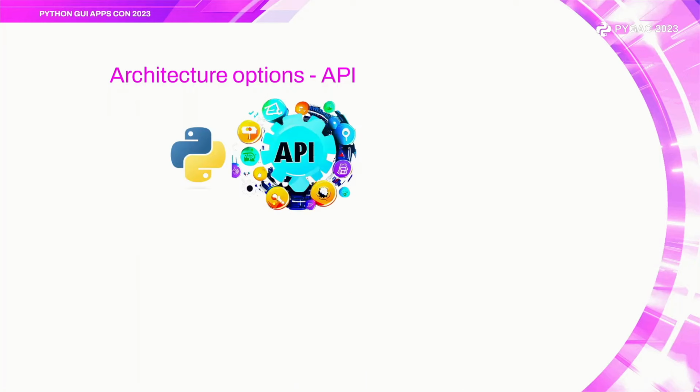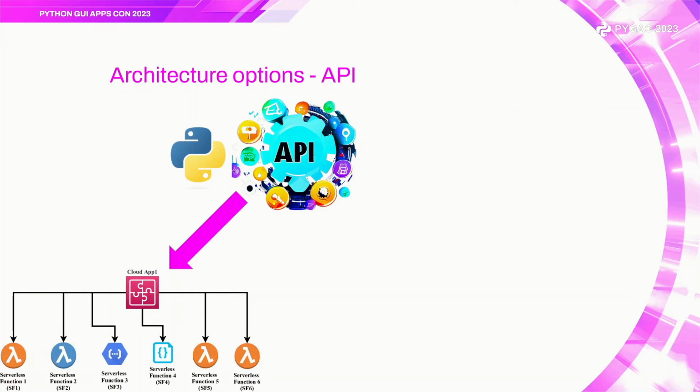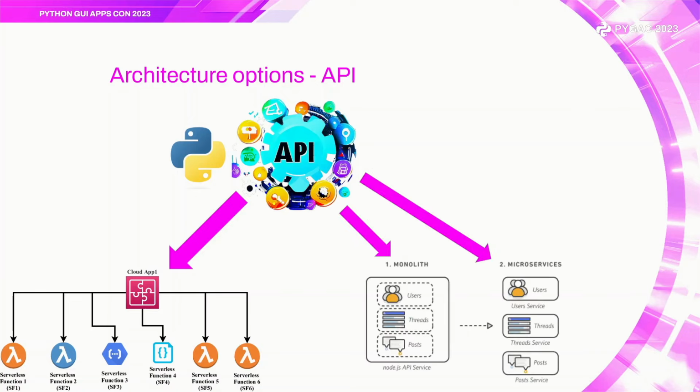Okay, and also APIs are not a single structure. We can have a serverless architecture, and we can split our application into many server functions across many cloud providers, which is one deployment option. And the other two options are using either a monolith or microservices, right?